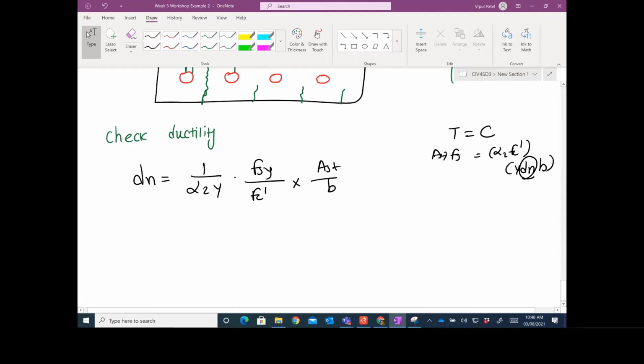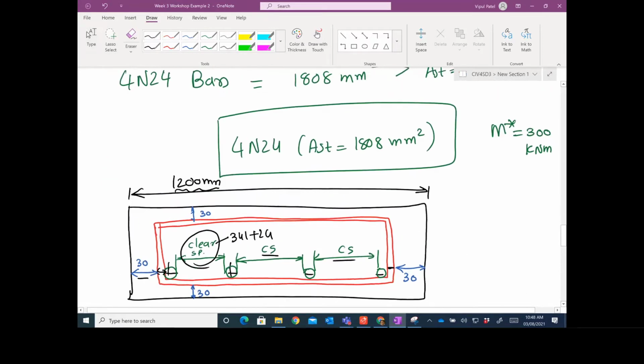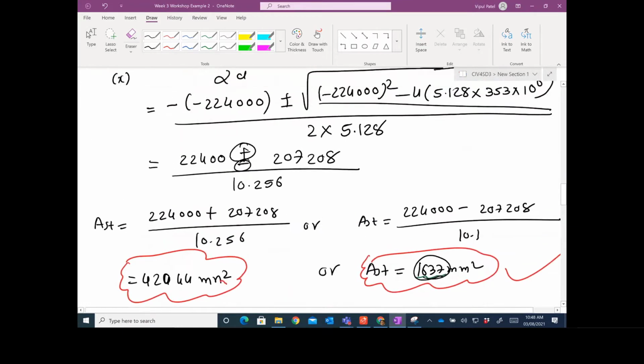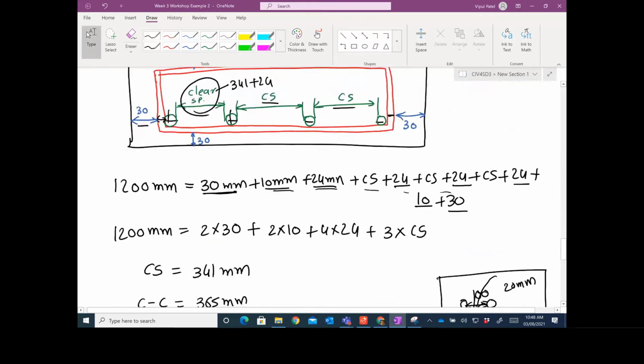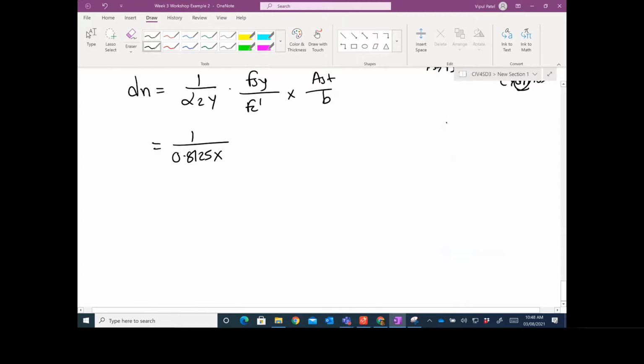If you make DN the subject, we can have 1 over alpha 2. Alpha 2 is 0.8125. I believe we calculated alpha 2 at the front. And then we can just calculate the gamma. I think we did the gamma value here as well. The gamma would be 0.97 take away 0.0025 FC dash.